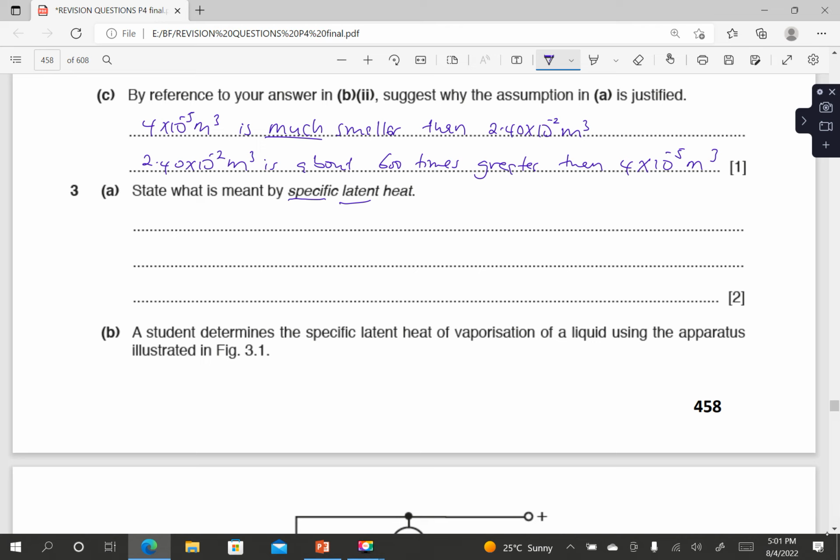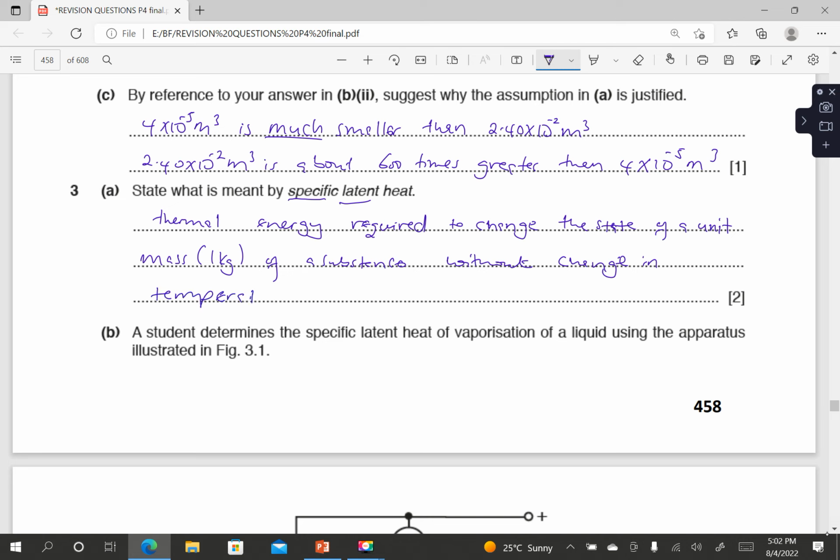So the thermal energy required to change the state of a unit mass of a substance without change in temperature is the specific latent heat.